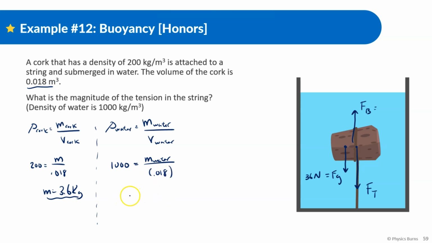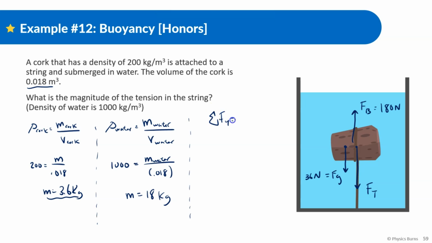So now we can find the mass of water, which is 1000 times 0.018, and we get 18 kilograms. Okay, so a good amount of water displaced. And we should know that the force of buoyancy is just the force of gravity of that, so that's going to be 180 newtons.